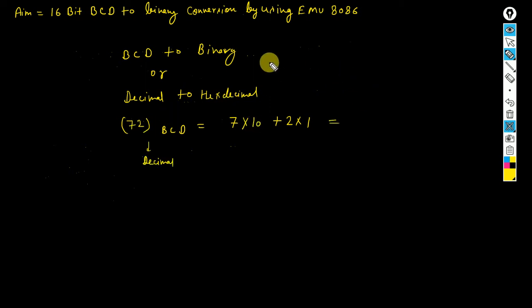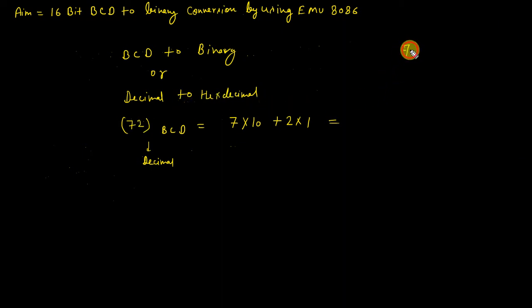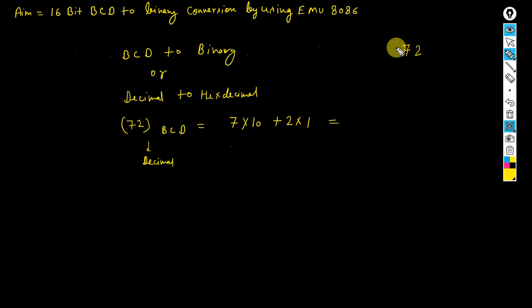Basically this is a decimal to hexadecimal conversion. Suppose we write this 72 decimal value into hexadecimal. Simply 72 divided by 16.